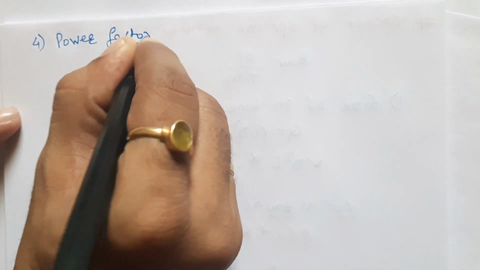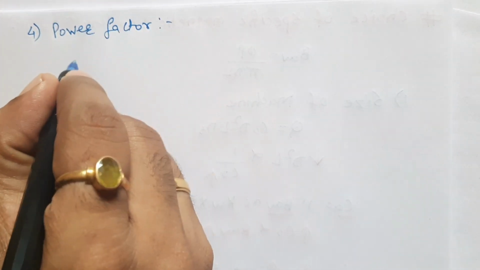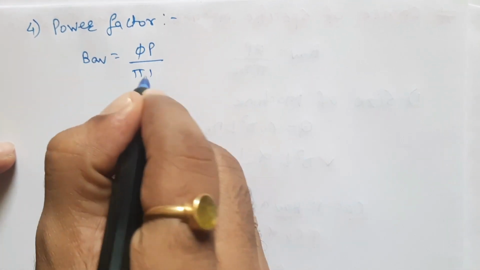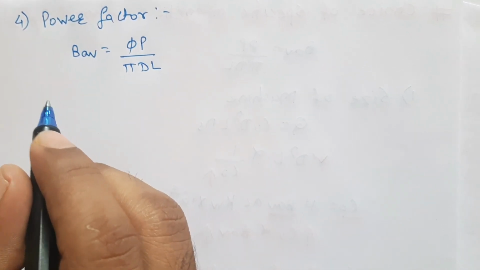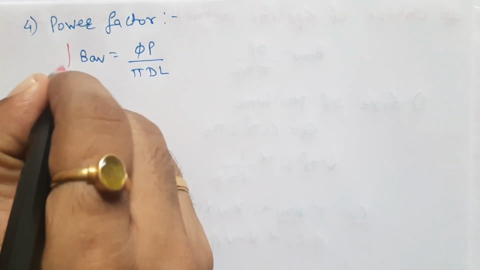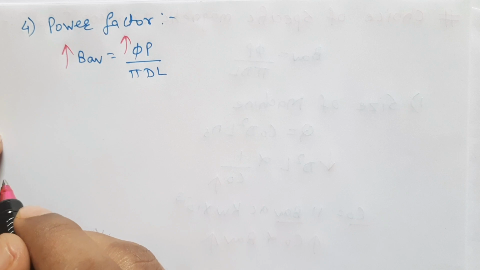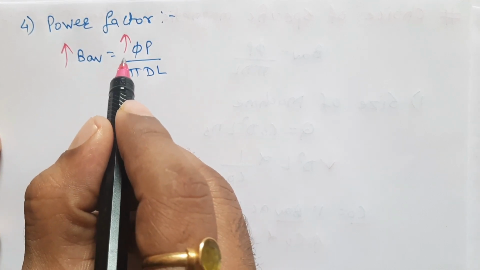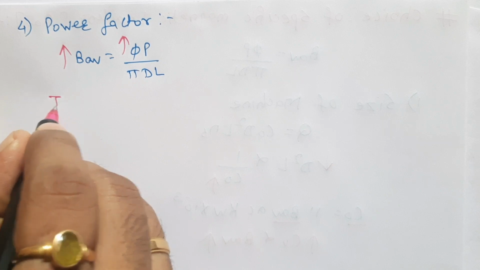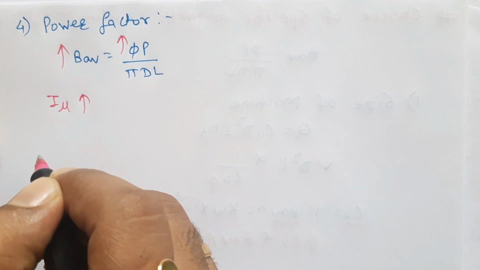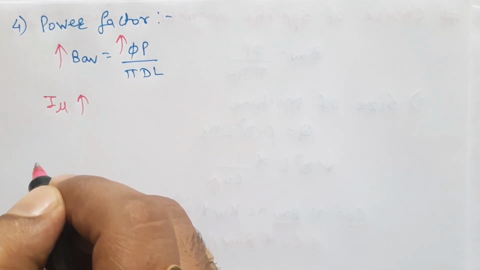Next, fourth point is power factor. As we know, BAV, that is average flux density or specific magnetic loading, is equal to phi p divided by pi dl. Here, as we increase the value of BAV, phi has to be increased. Therefore, a high value of flux is required. To get a high value of flux, we should draw a large magnetizing component of current, I mu, since I mu is required to set up the flux in the air gap.